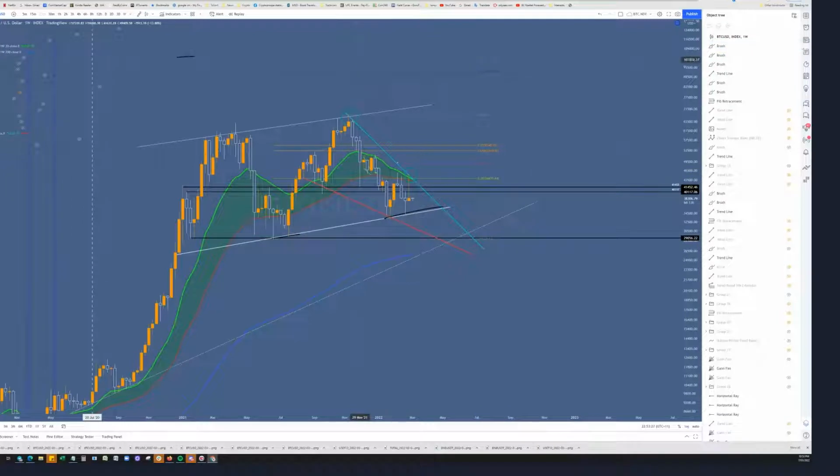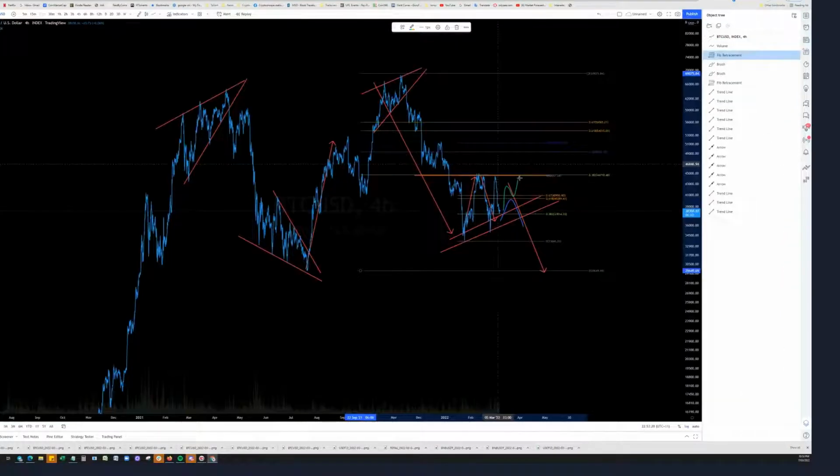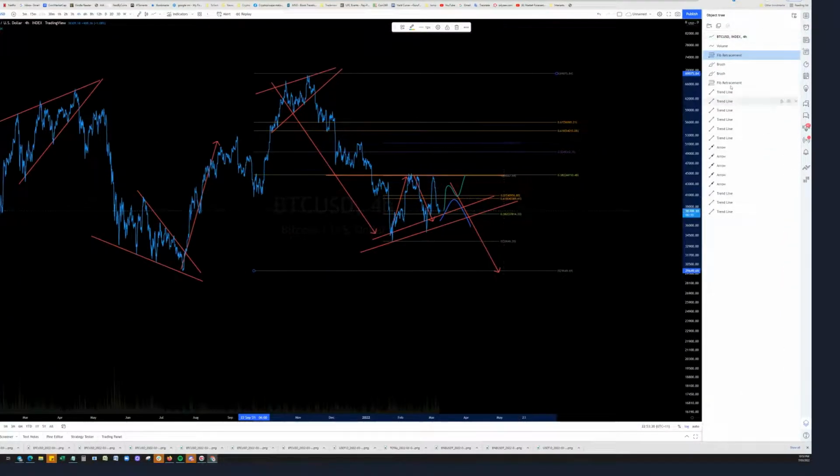Now, if I go to another chart, make it a bit clearer, and I can do this for a sec. Let me just hide everything so it doesn't hide all these Fibonacci levels.